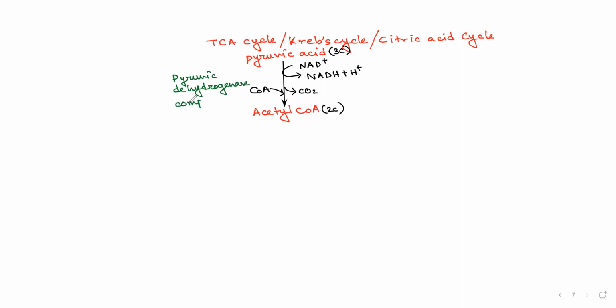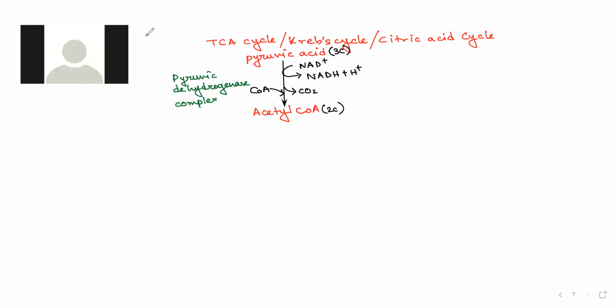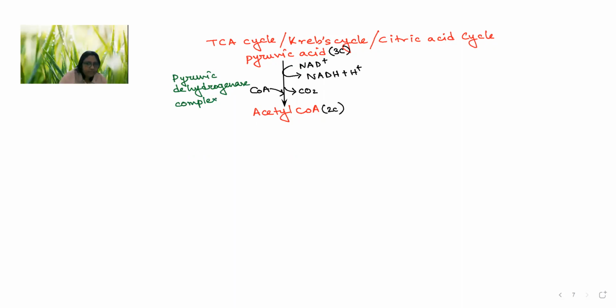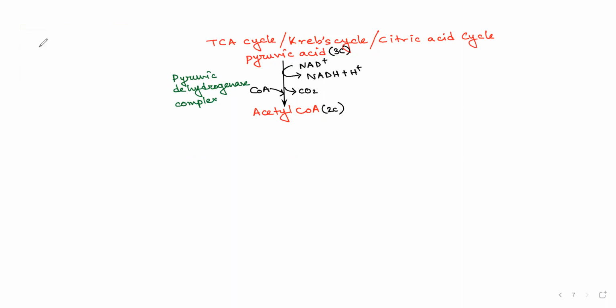We call it a complex because it is a group of more than one enzyme doing it stepwise. That's why it's a very complex reaction and we call it a complex.